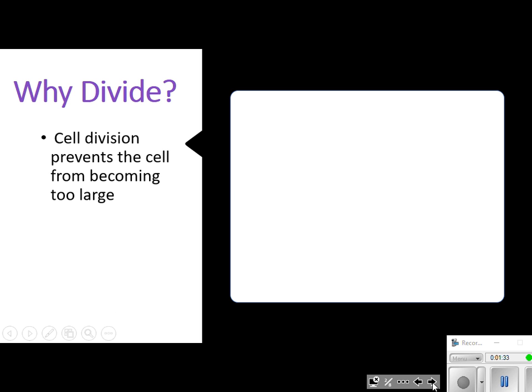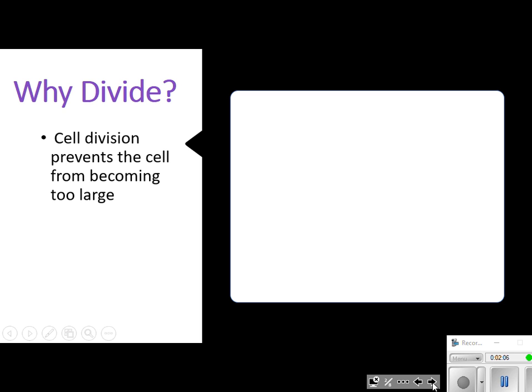Well, cell division prevents the cell from becoming too large. What's the big deal about having a large cell? Anybody remember? Jonathan? If it gets too big, it could burst. The cell membrane can only hold so much. What else?